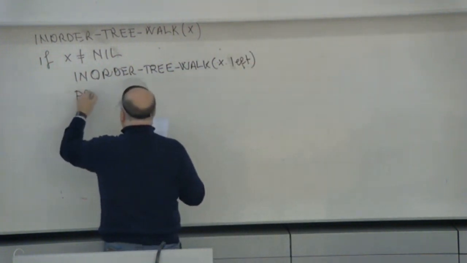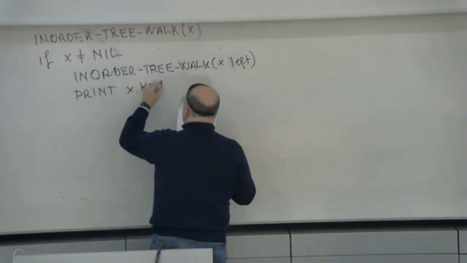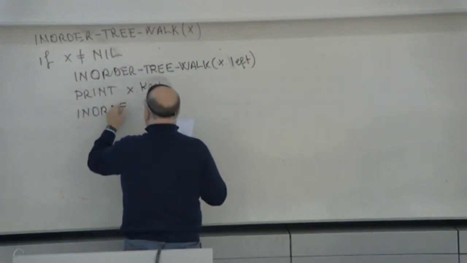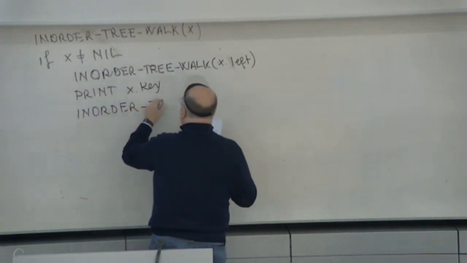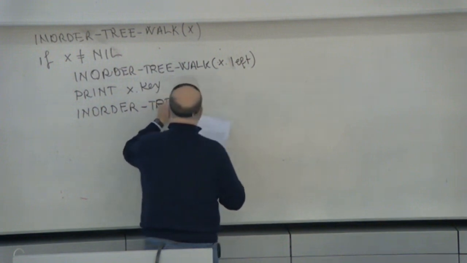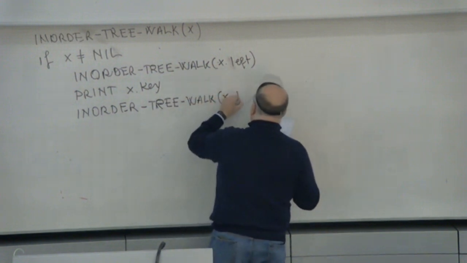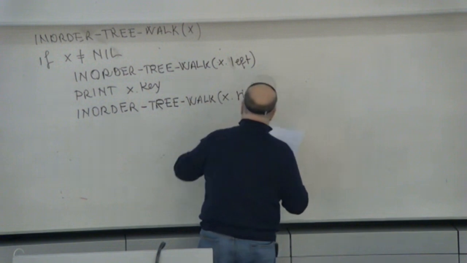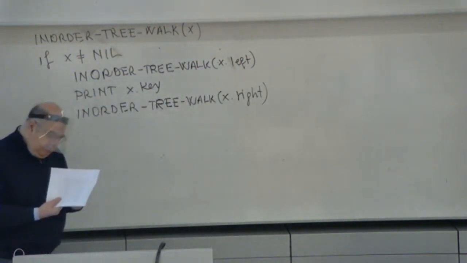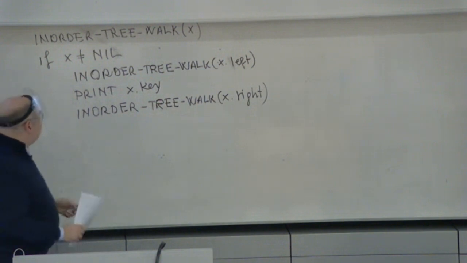And then, for example, you print x.key, and then you call in-order tree walk on x.right. So this is an example of a procedure that traverses the tree in order.